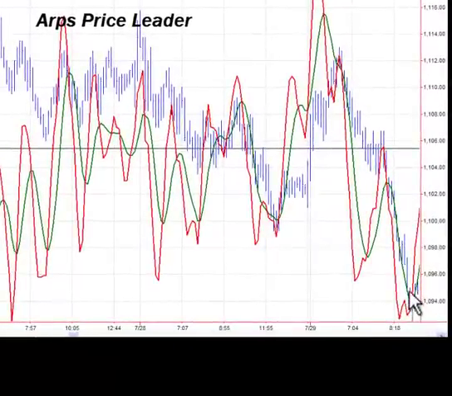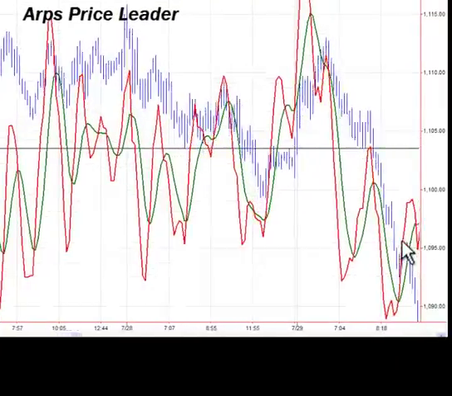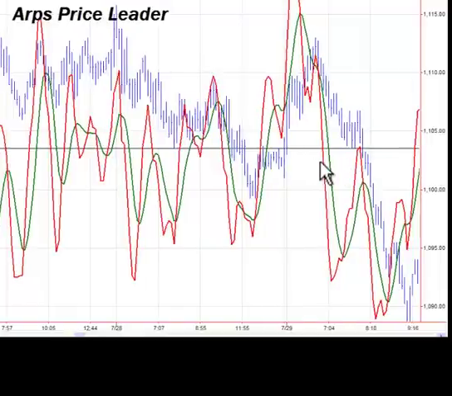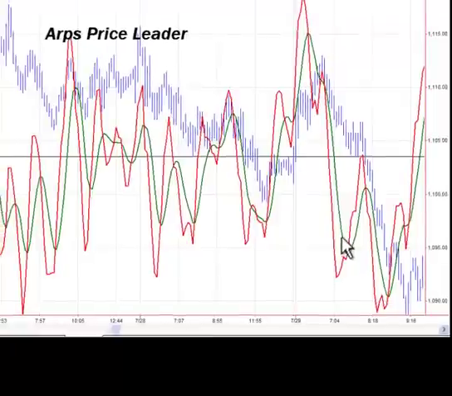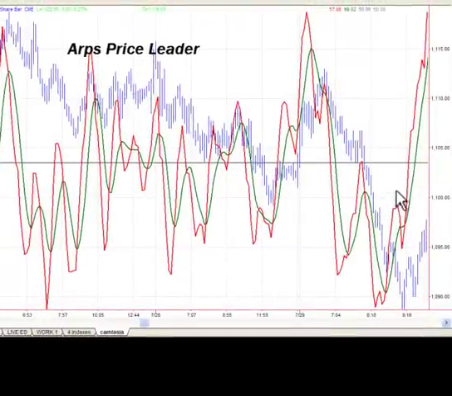Here we see developing a slight double bump bottom divergent lobster tail formation. And we notice that as price continues to fall, the Arps price leader is making higher lows, and it's crossed its center line, providing us with an indication that the forces on the momentum of price are accelerating to the upside, even though we don't see this in the price action yet.